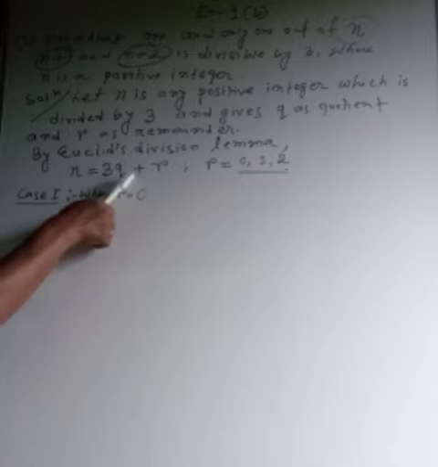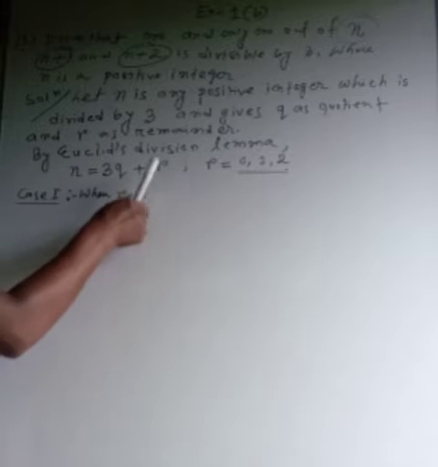When r equals 0, we have n equals 3q plus r.